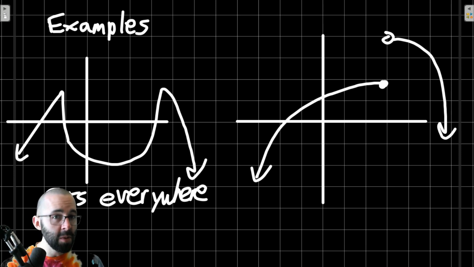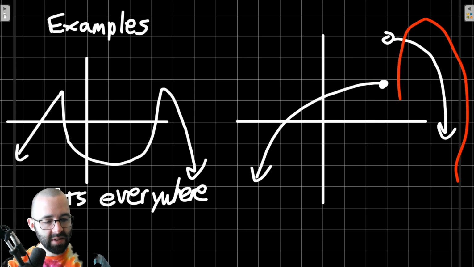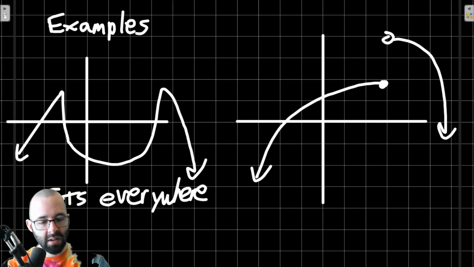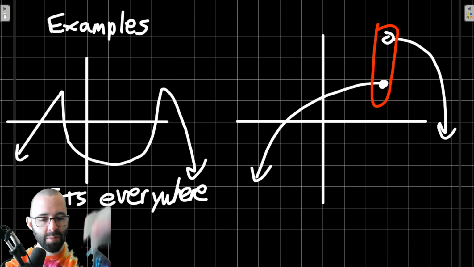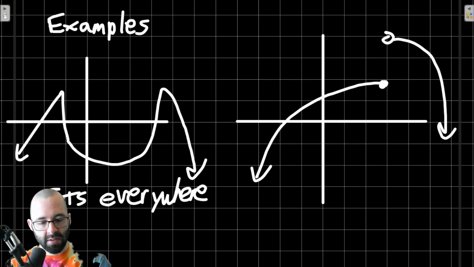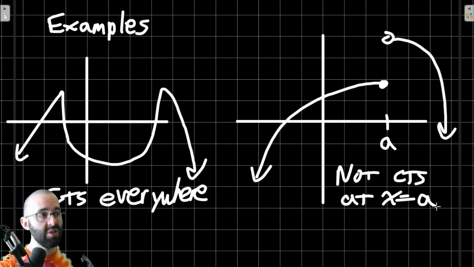This one is continuous almost everywhere. This whole region, it's continuous. There are no jumps, holes, or gaps. It's continuous in this entire area as well, but it's not continuous right here. It jumps. You cannot connect these two things without lifting up your pencil. If we call this x coordinate a, we'd say it's not continuous at x equals a. But again, it's continuous literally everywhere else.